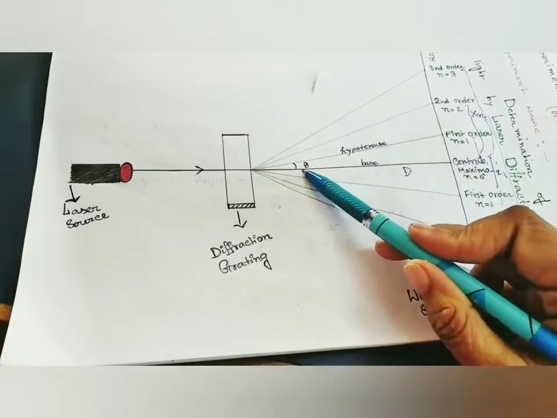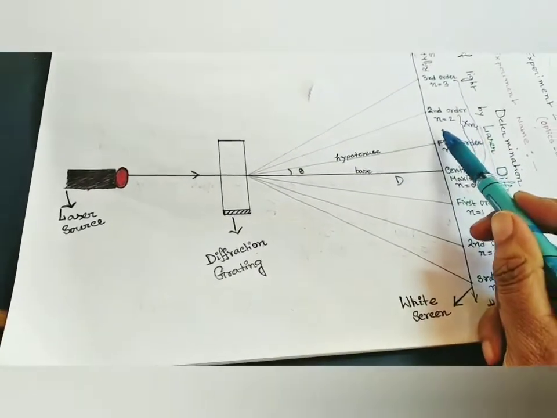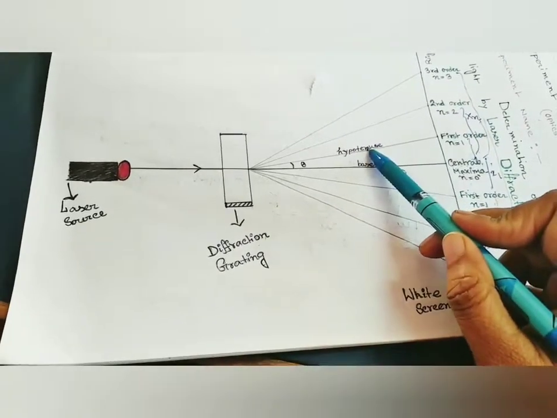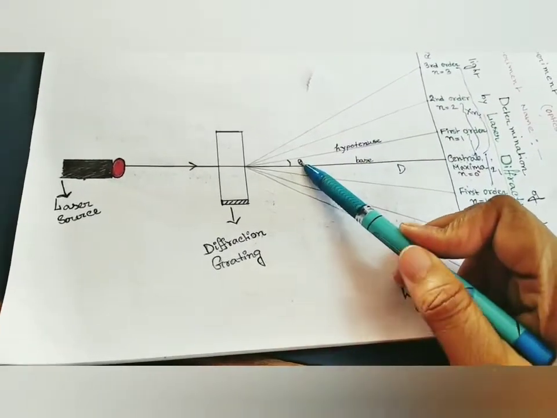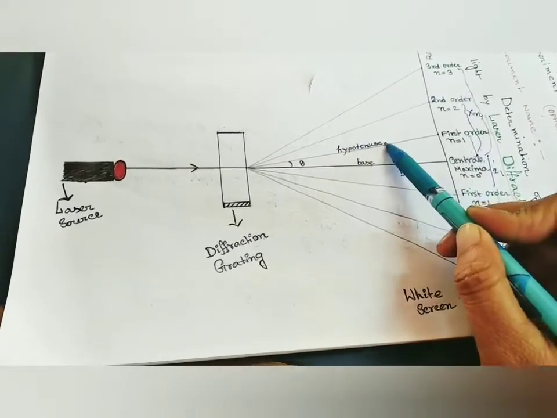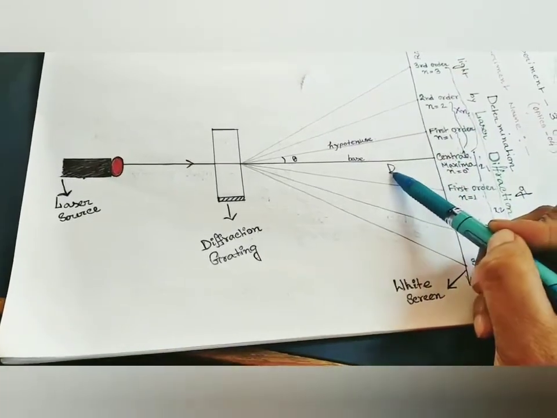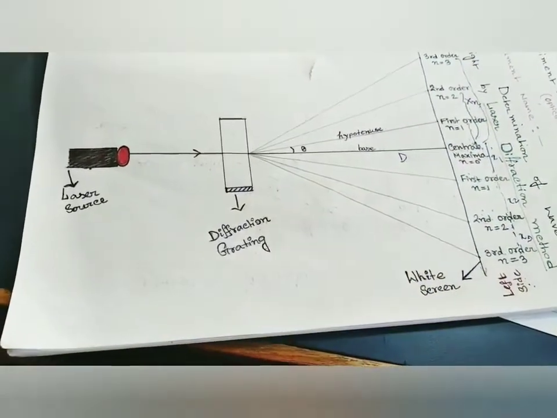So sine theta will be xn by capital D. Generally sine theta is perpendicular by hypotenuse, but theta is infinitesimally small, so we can consider D equals the hypotenuse. So xn by D will be our sine theta.